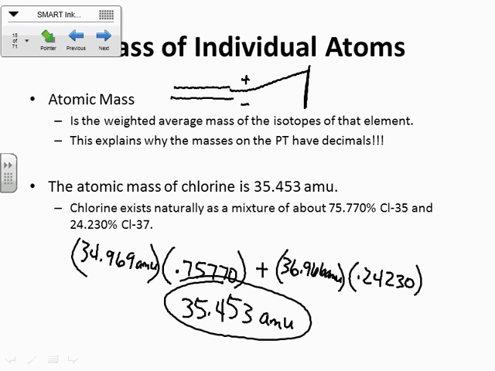The chlorine 37 is a little bit heavier, so it won't deflect quite as much, and might hit right here. They can measure how much is hitting up here versus further down the plate, and tell how much 35 we have and how much 37 we have.